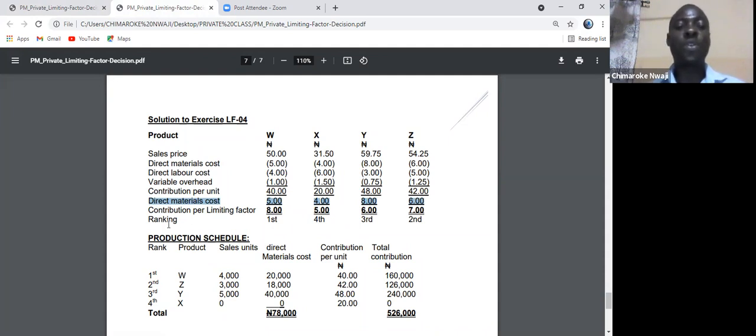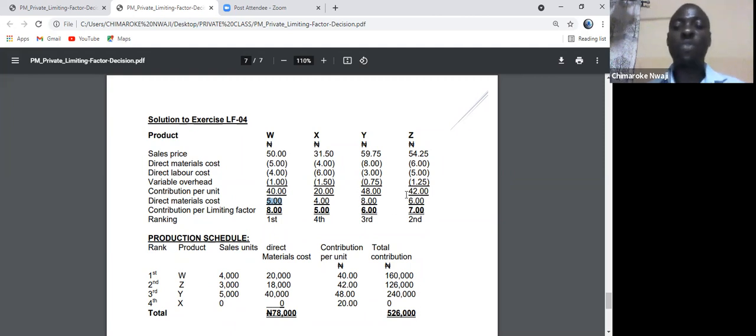Then we go and do our ranking. Okay, contribution per limiting factor, step 4. So step 4 will be step 1 divided by step 3. So 40 divided by... 20 divided by 4 will give you 5. 48 divided by 8 will give you 6.